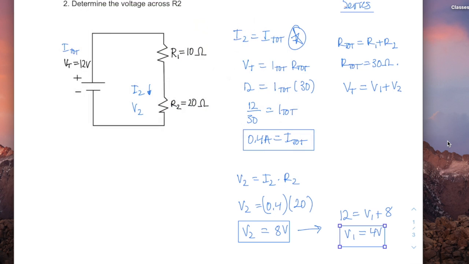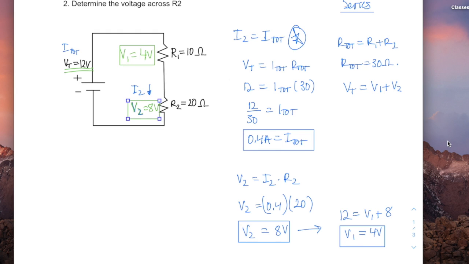Well, that means that I have a total of 12 volts, and I know that 4 volts is spent on R1, and 8 volts are spent at R2, for my total of 12 volts.